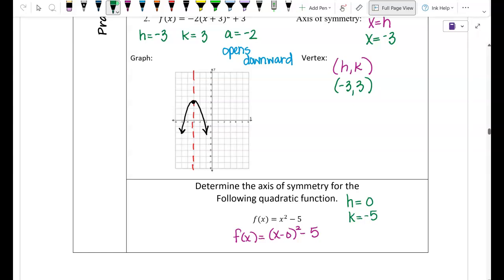Negative 5. So in this case, my axis of symmetry would be x equals 0, and my vertex would be the ordered pair 0, negative 5. So if there's not a parentheses there, they're telling you the h value is 0. I wanted to make sure we understood that.